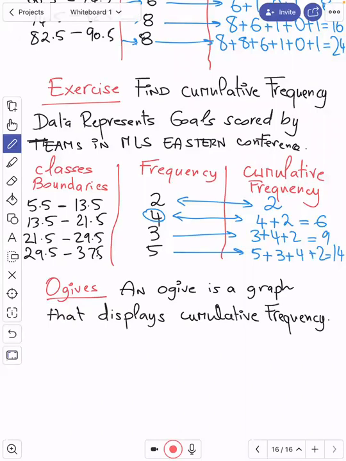Okay, so in this graph, the idea is almost the same as the histogram. So we're gonna have, on the horizontal axis, the class boundaries.